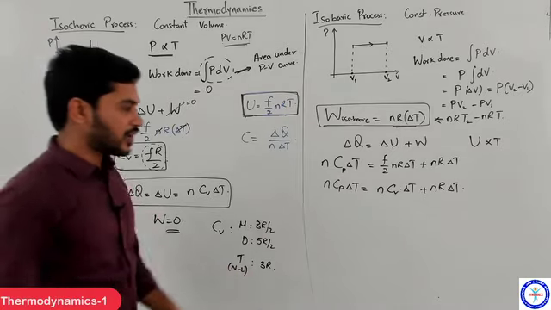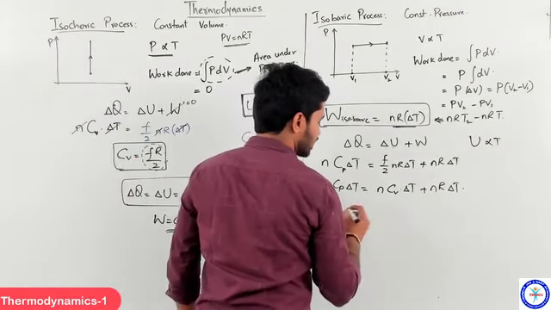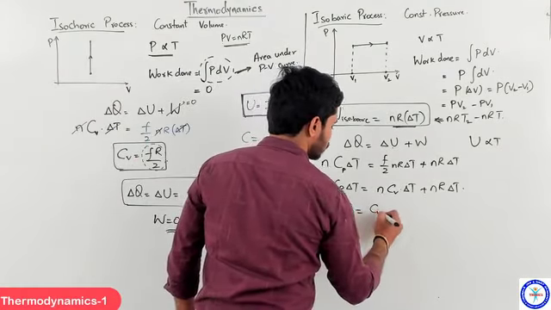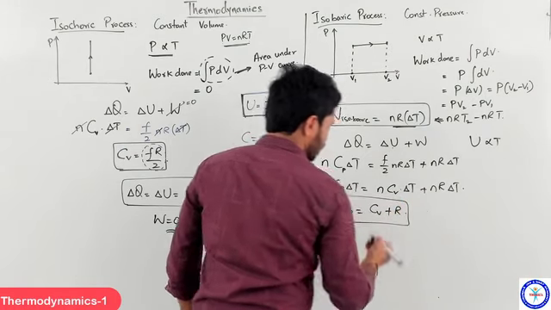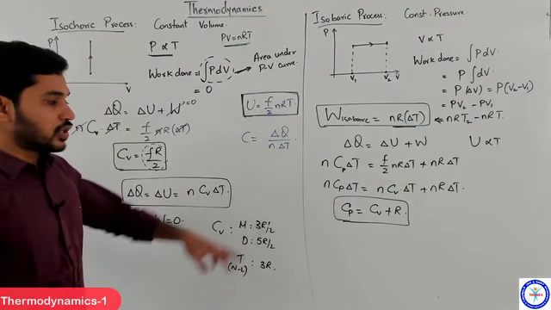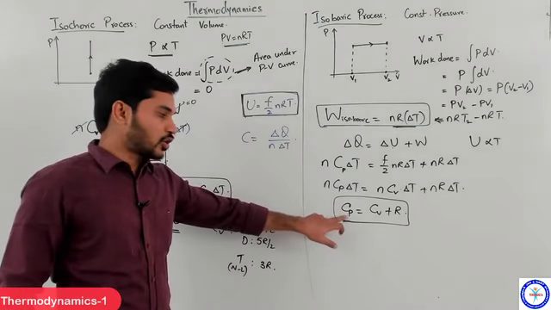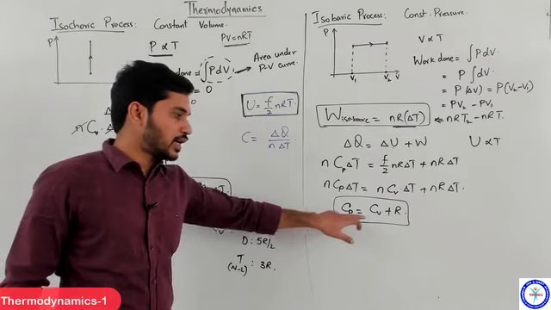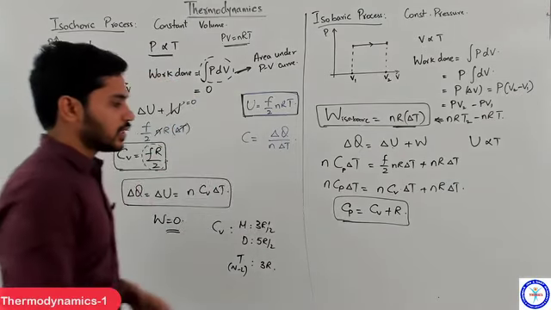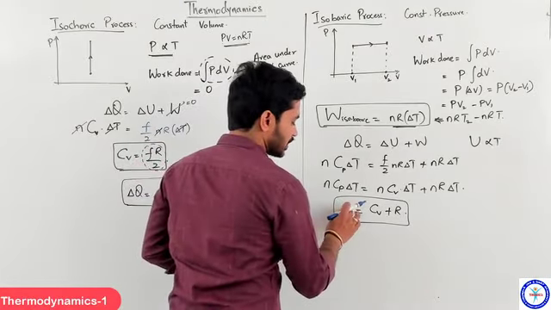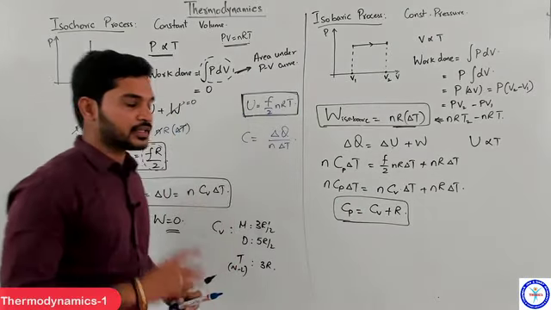And now when we simplify this, we can cancel n delta T on either side and we will get Cp is equal to Cv plus R, and that is the relation between molar heat capacity in a constant pressure process and molar heat capacity in a constant volume process. Clear, students? So Cp is equal to Cv plus R, right?